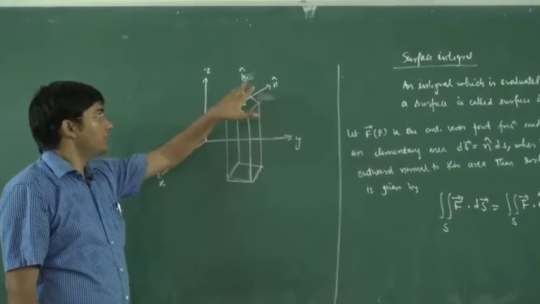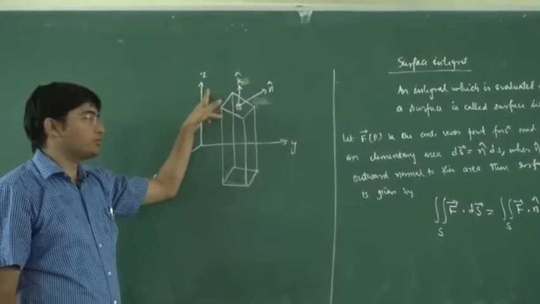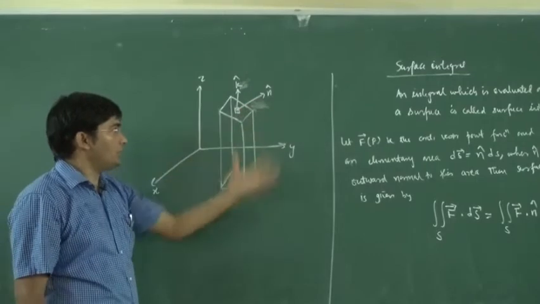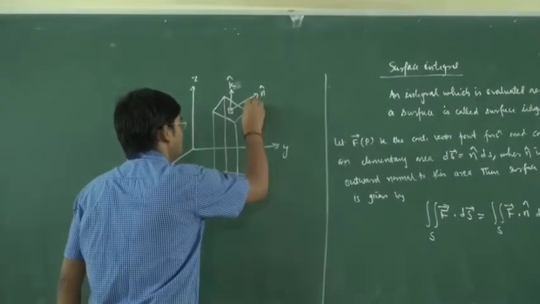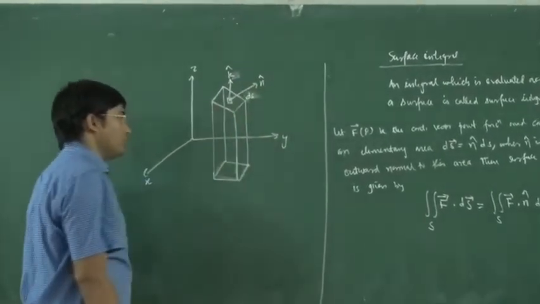So say this is your k cap parallel to this z-axis, and the normal to this surface is your n cap, and say this is your elementary area ds.